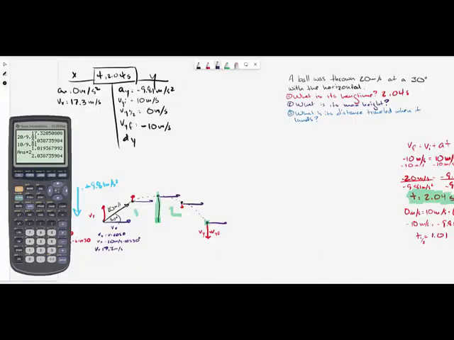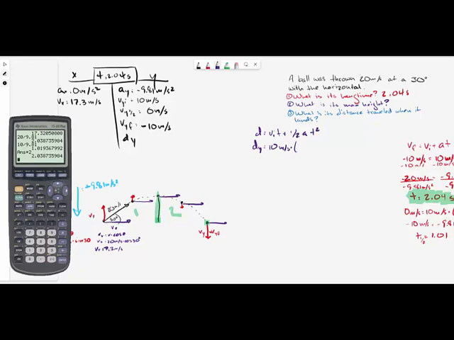So for this one, we're going to take a look at d equals vit plus 1/2 at squared. So the distance y is equal to the initial velocity up, 10 meters per second, times time. Why isn't it 2.04?